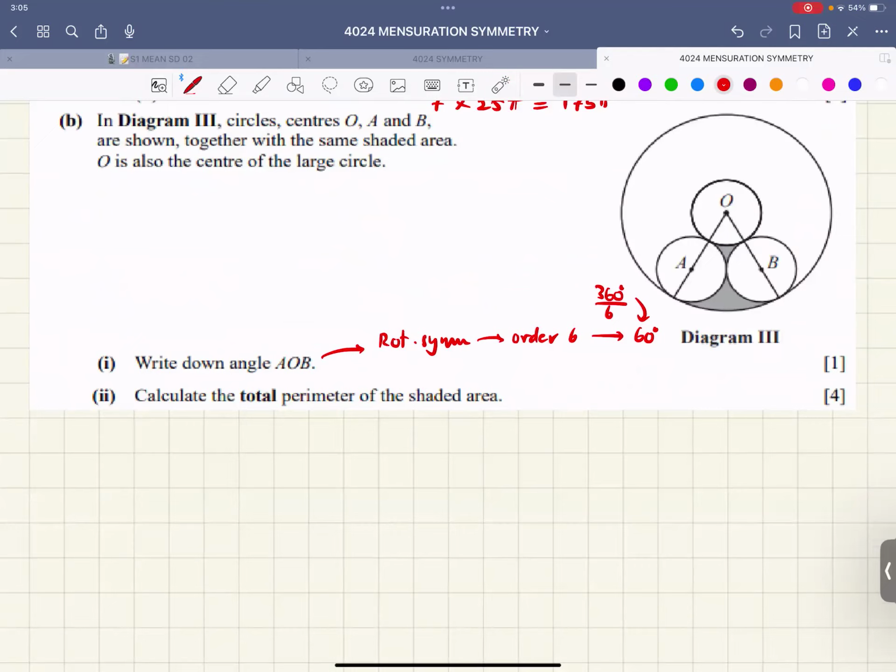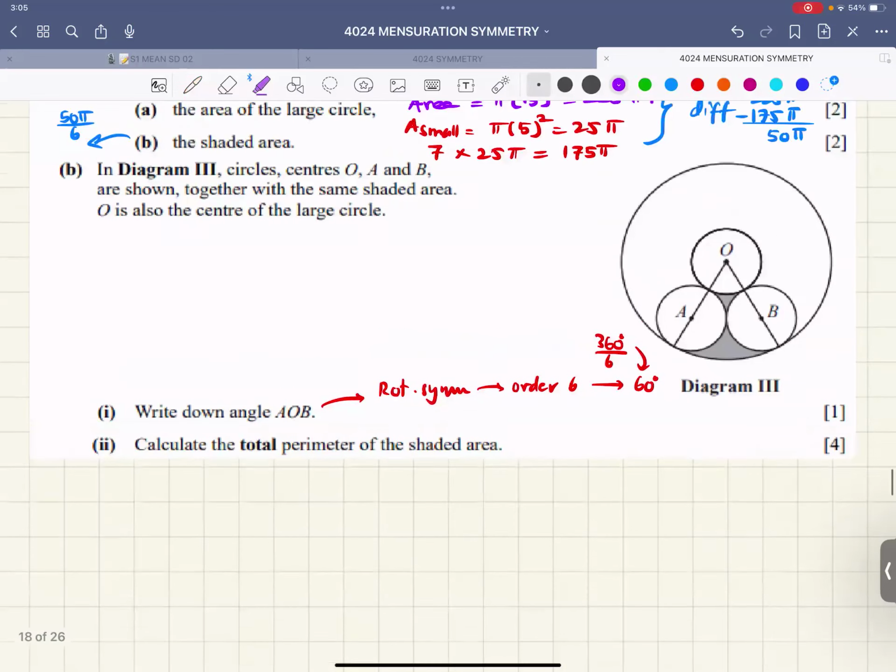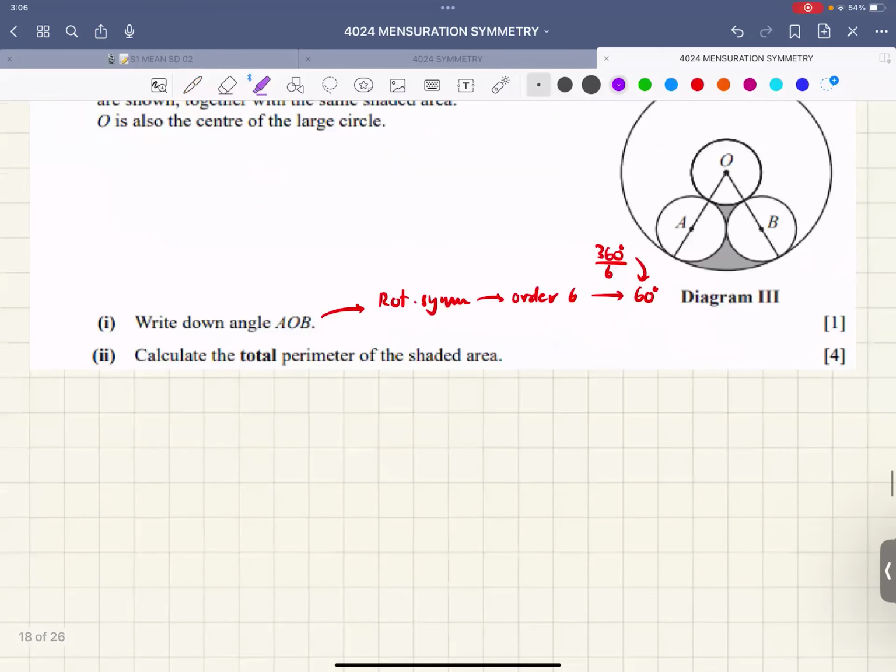Now, how should we work it out? First of all, we have A and B and all these things. So let me first focus on the small one. This is 5 and this is 5, and then this is 10 and then this is 10.